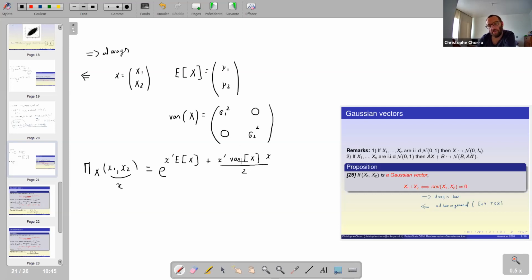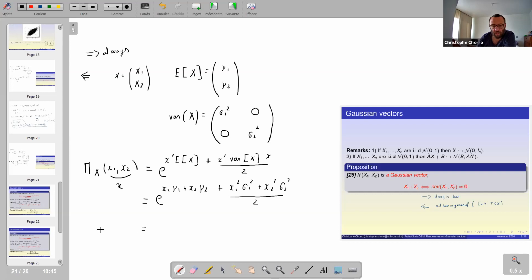What is nice here is that my variance covariance matrix is diagonal, so I can do this computation very simply. I obtain the exponential of x1 mu1 plus x2 mu2, plus this term, which in the case of a diagonal matrix is x1 square sigma1 square plus x2 square sigma2 square, over 2.